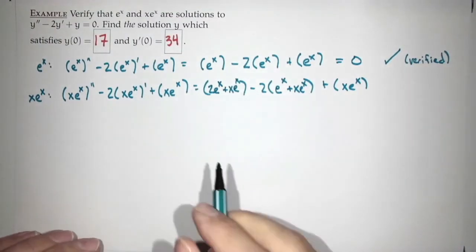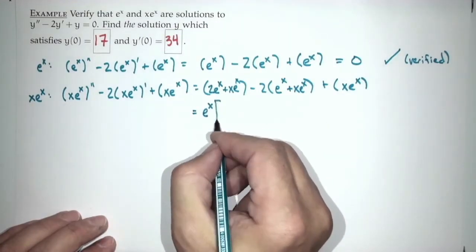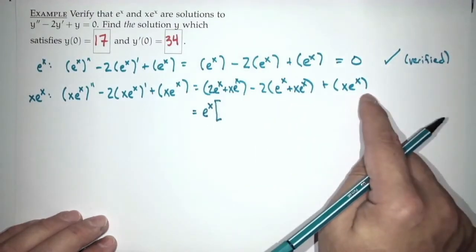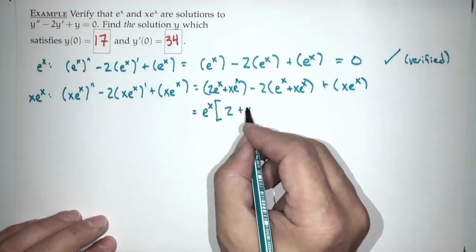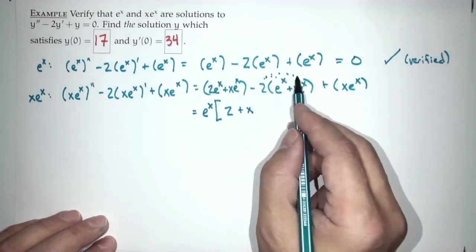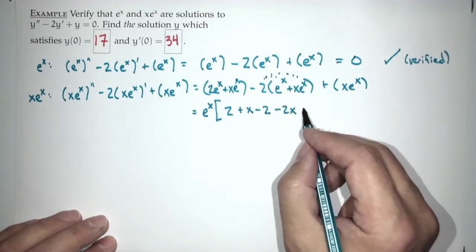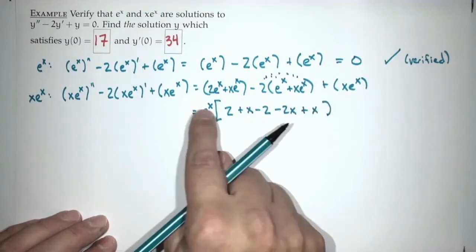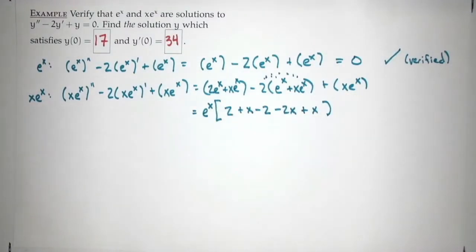All right, well, we hold out hope. So let's just, everything has an e to the x, let's go ahead and pull that out. So we'll have 2 plus x, and then we can remember that this minus 2 will distribute through, so minus 2, minus 2x, and plus x. So I'm just looking at the coefficients and gathering them together. Now, what do we look for? Cancellation. Okay. Let's see.